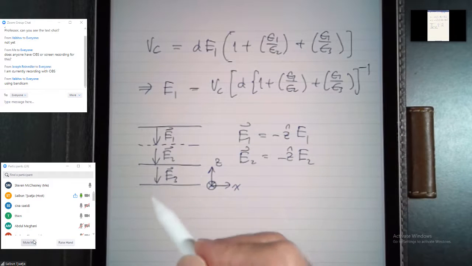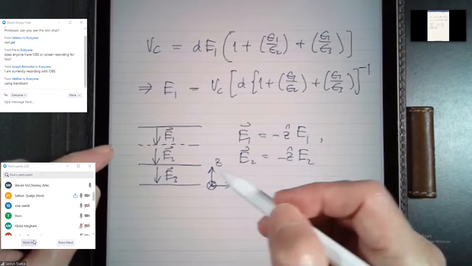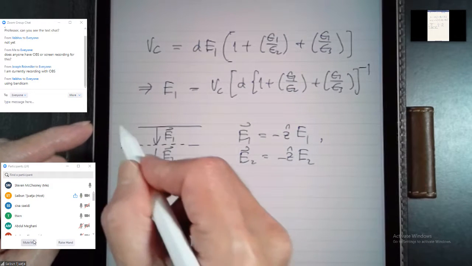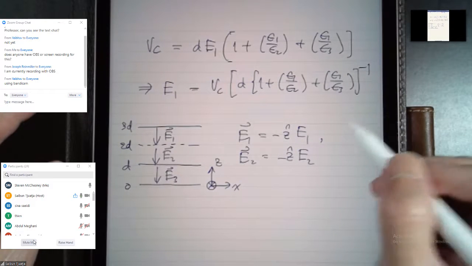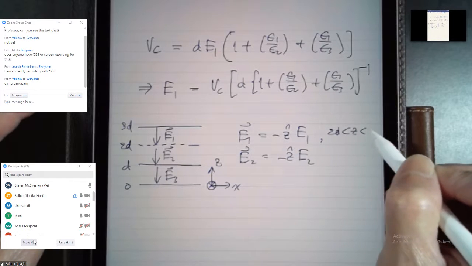With 0, D, 2D, 3D marked, E1 is for Z between 2D and 3D.